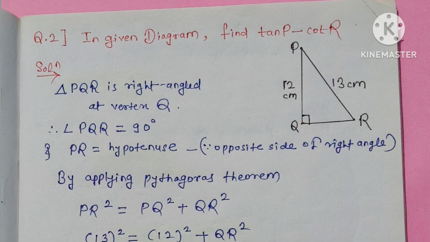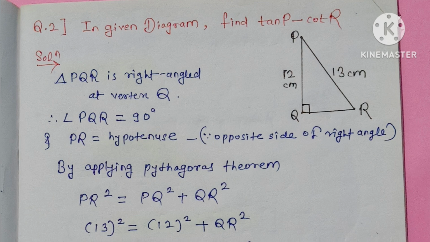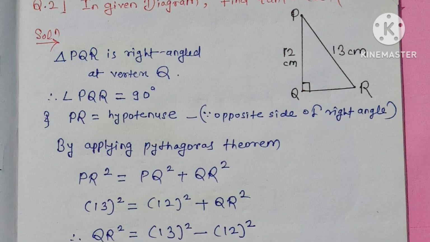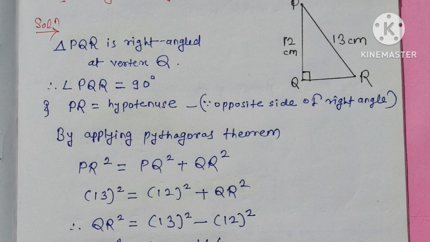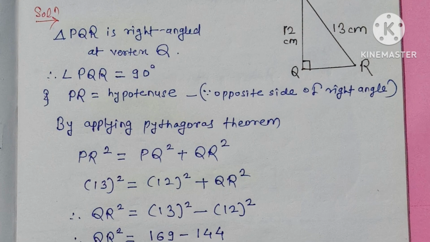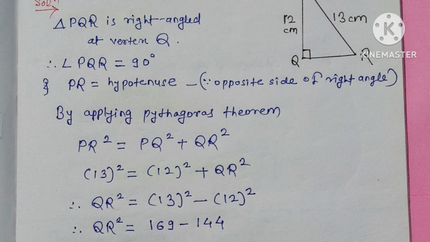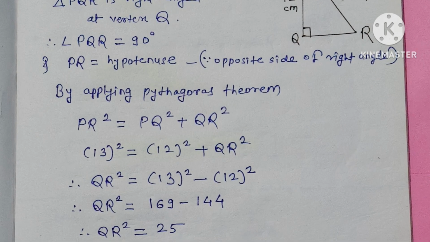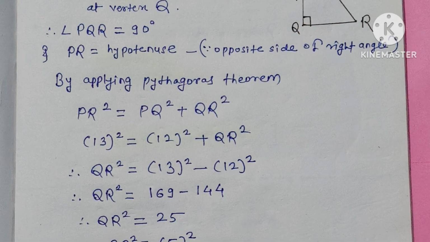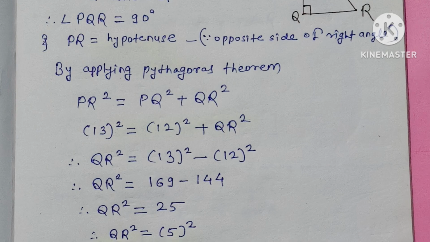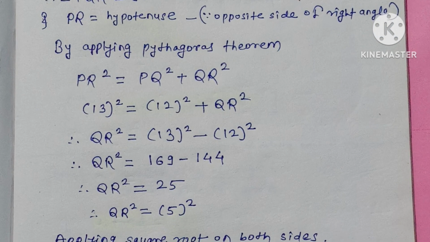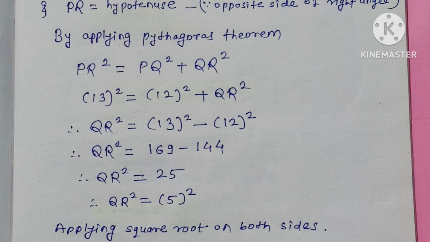In question number 2, we have to find the tan P minus cot R. And again, the diagram has been given wherein it's mentioned the side PQ is 12 centimeter and the hypotenuse is 13 centimeters. So here we can easily find out the third side of the right angle triangle which is missing by using the Pythagoras theorem.